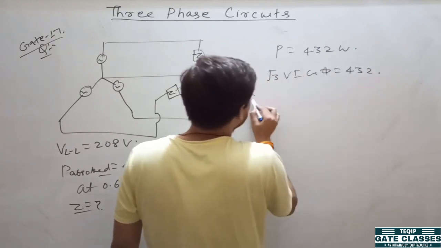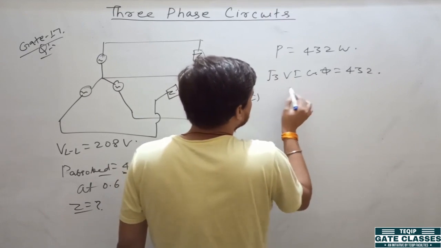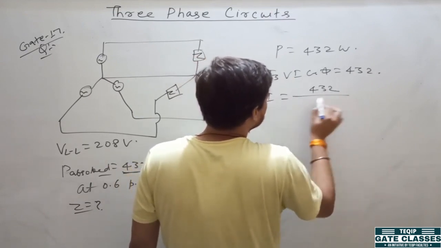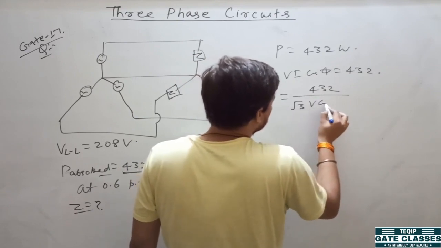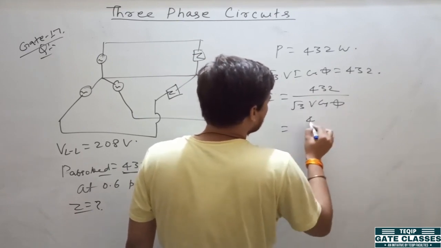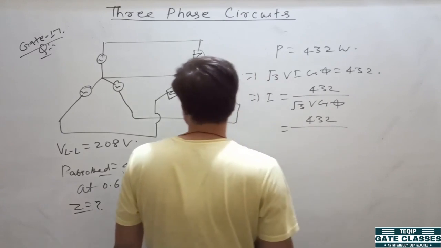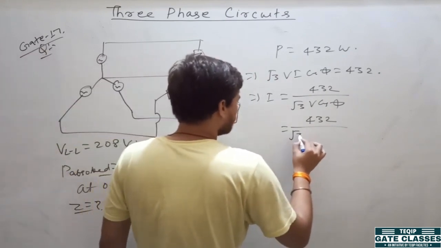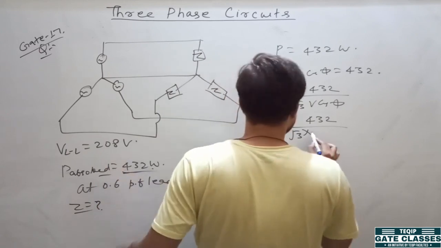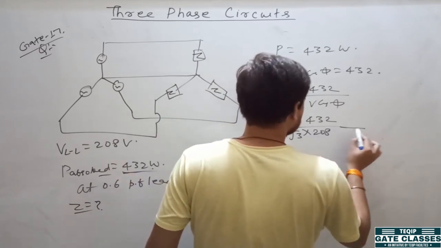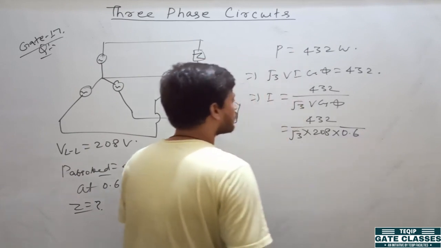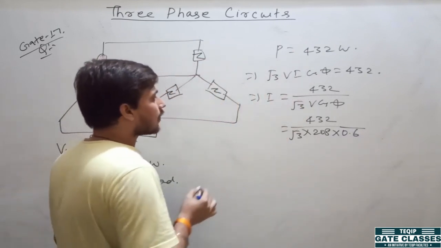From here, I will be equal to 432 divided by root 3 V cos phi, so it is 432 divided by root 3 into 208 into 0.6.